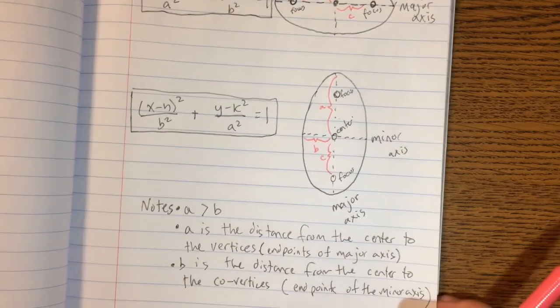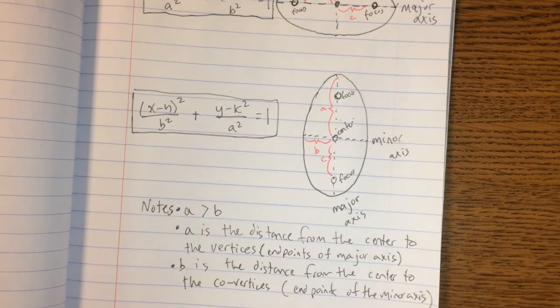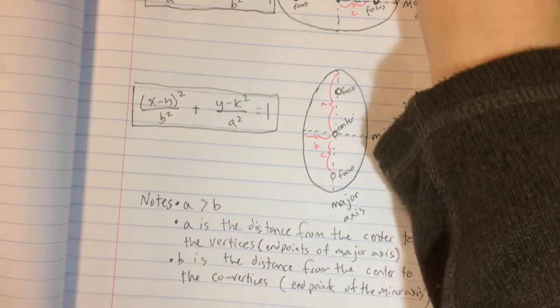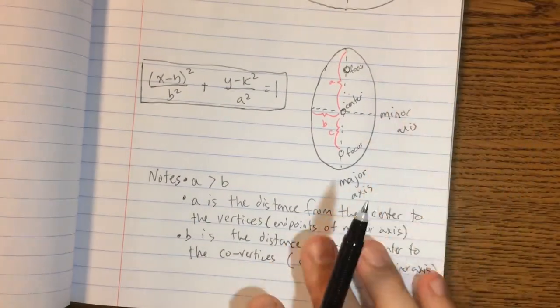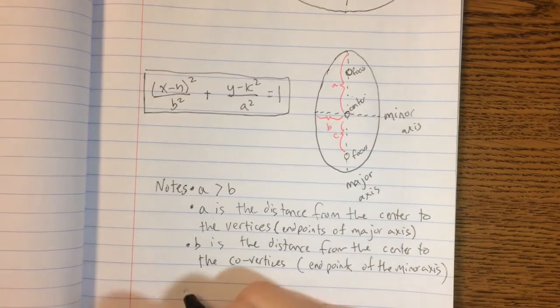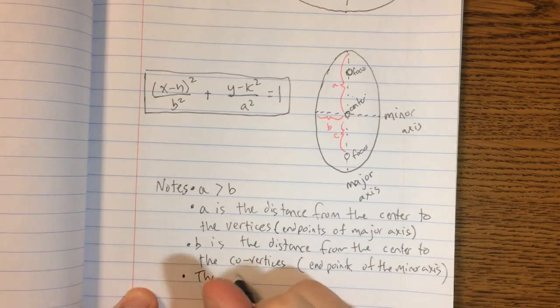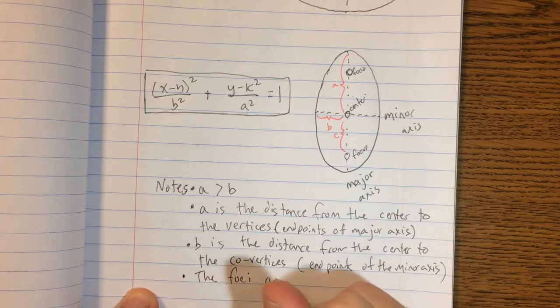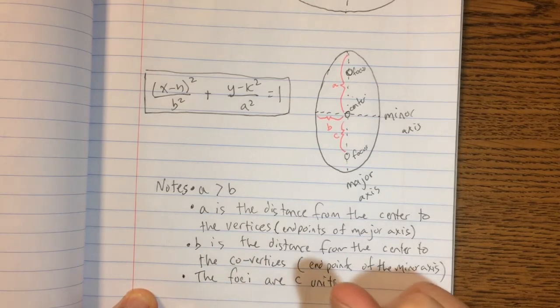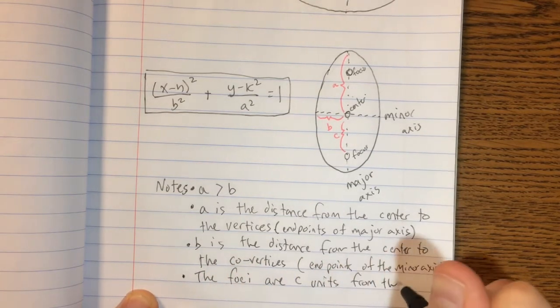I'm going to write that at the very bottom here. So the foci are C units from the center.